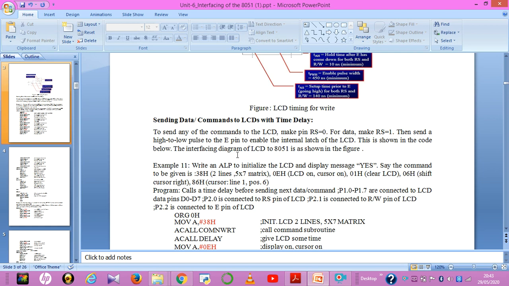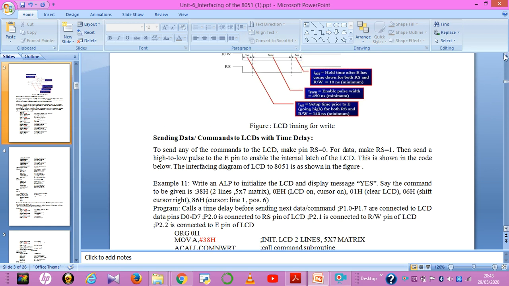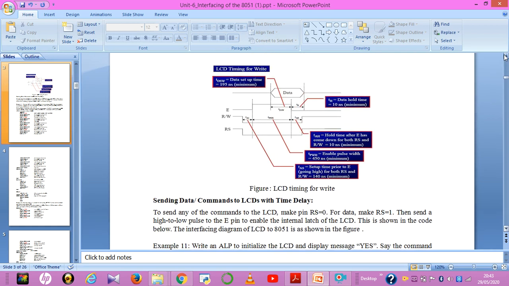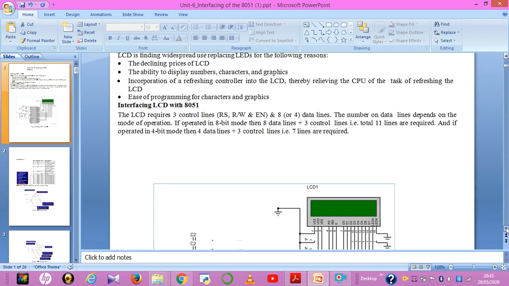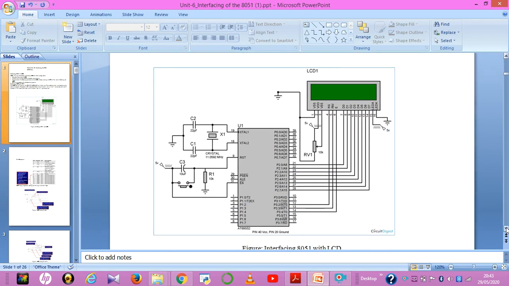Next we will see the interfacing diagram for LCD to 8051, as shown in the figure above. It is going to give the idea how to interface your LCD with 8051. This I have already shown. Total 14 pins, which pins of the 8051 are connected to which pins of the LCD.